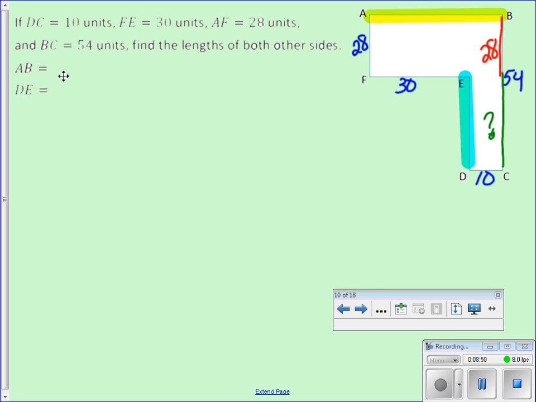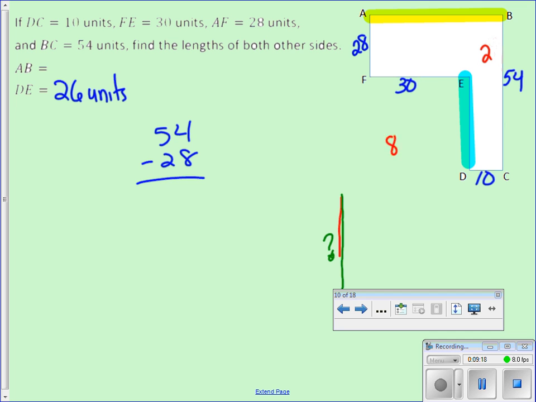I know the top half, I know the total, so now I have to find out what that bottom half is. So what operation will I use? 26. Okay, so DE is 26 units. We got that because we did 54 minus 28. Very good.